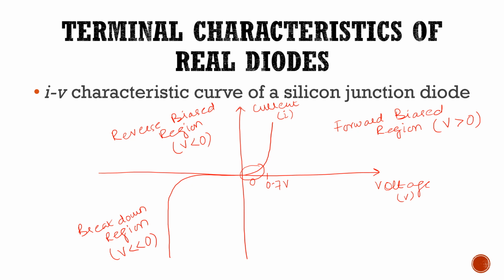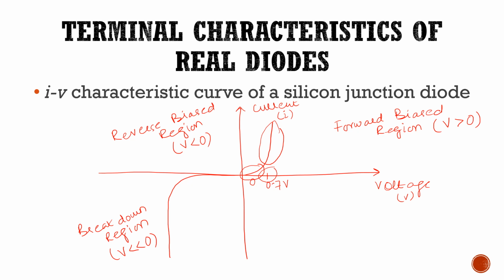Now, as it is assumed that a conducting diode has approximately 0.7 volts voltage drop across it, after this point, the forward voltage remains nearly constant. As you can see here, this forward voltage is nearly constant, but the current is increasing exponentially or rapidly in this forward biased region in positive vertical axis.